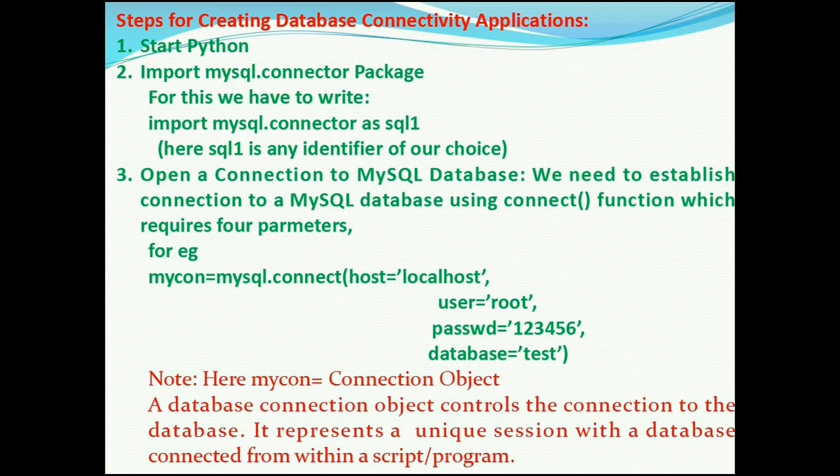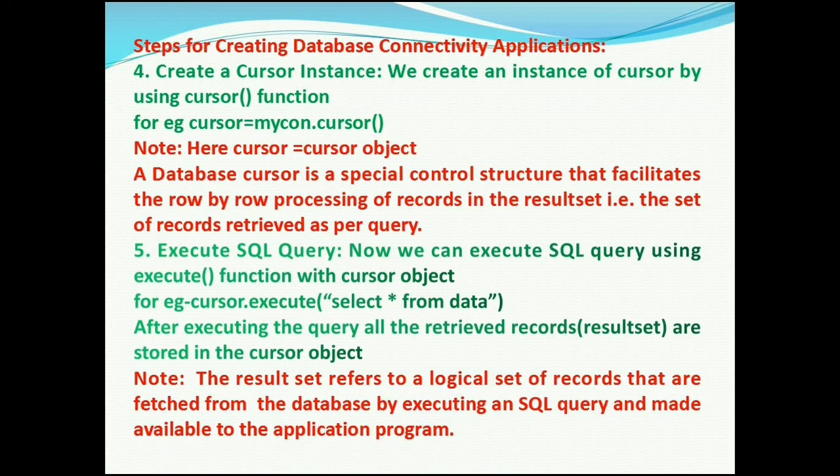In our case, host is equal to localhost, user is equal to root, password is equal to 123456, and database is test. What is a connection object? A database connection object controls the connection to a database. It represents a unique session with a database connected from within a script or a program.